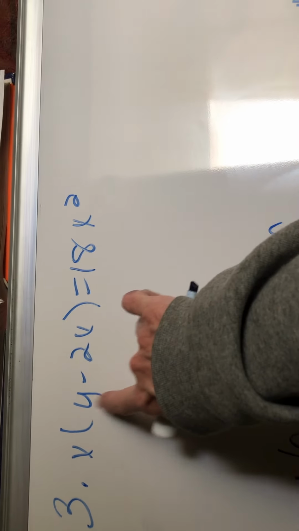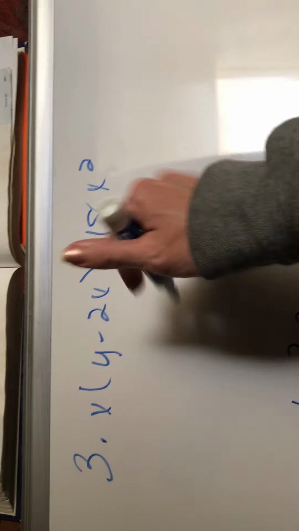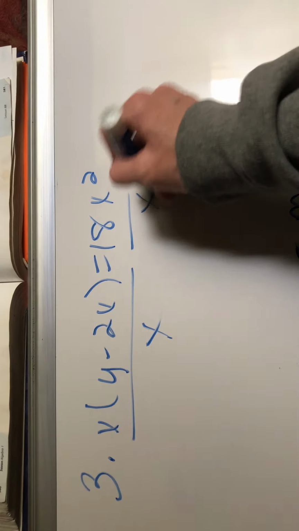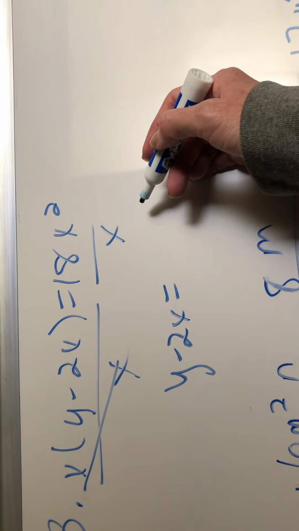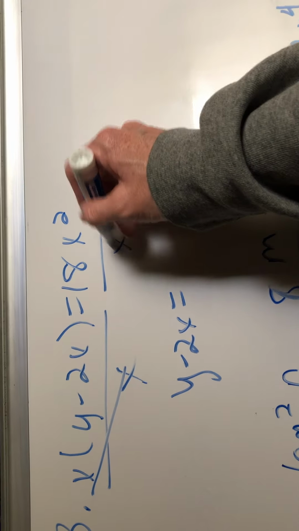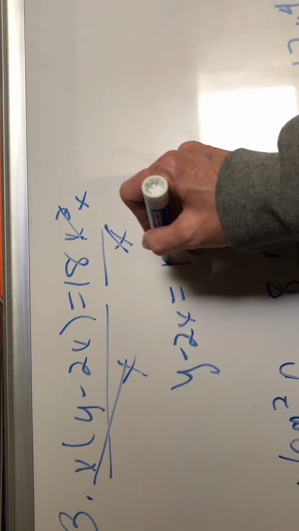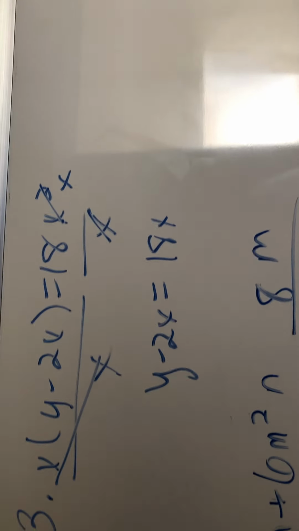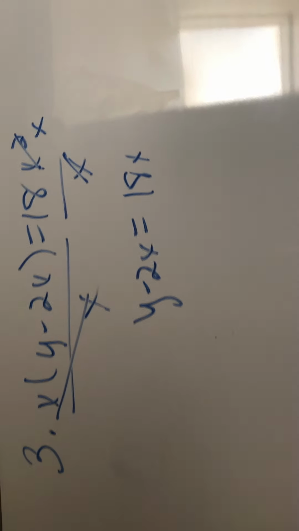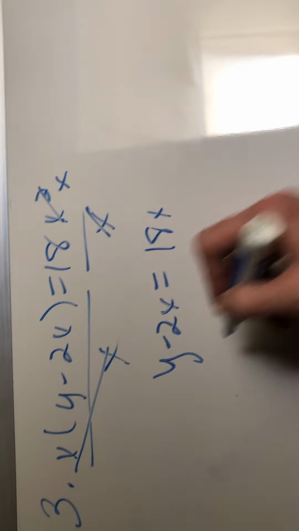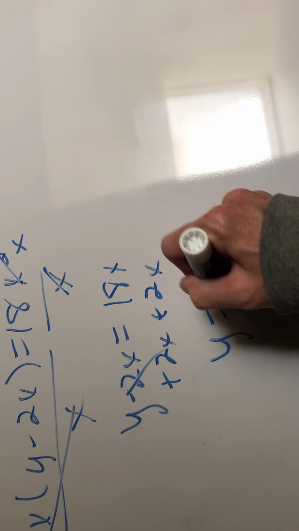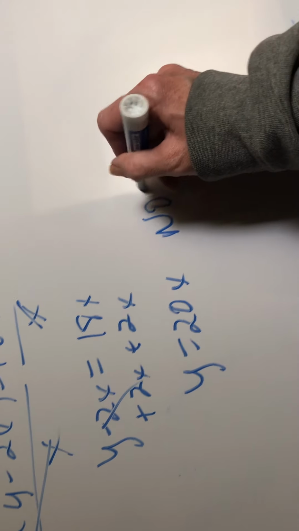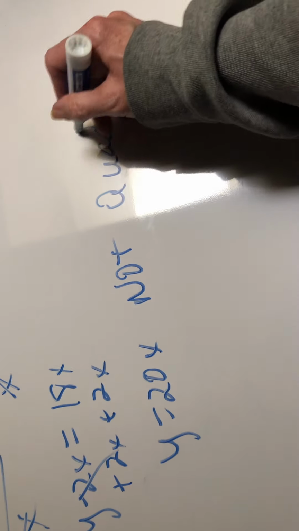So the first thing we're going to do is divide by x. So y minus 2x equals, well, if I do 18x squared divided by x, x goes into x squared and leaves an x, so that's 18x right there. Then if I add 2x, y equals 20x. This is not quadratic.